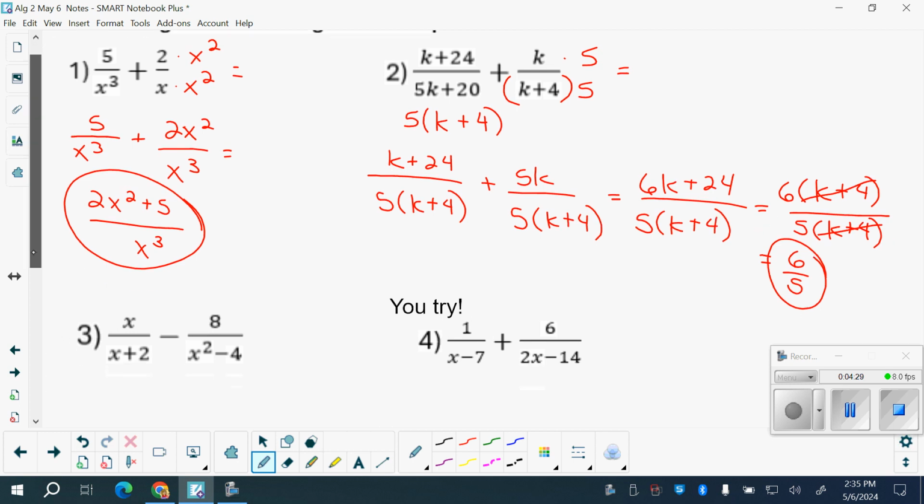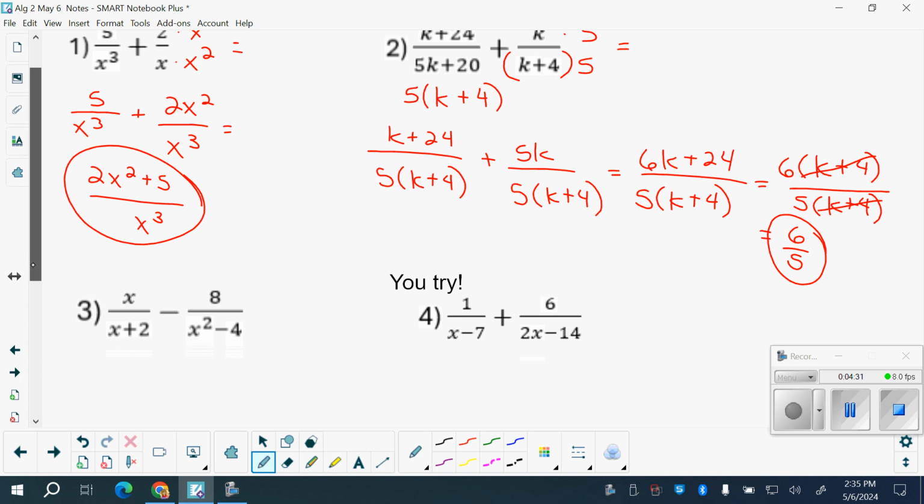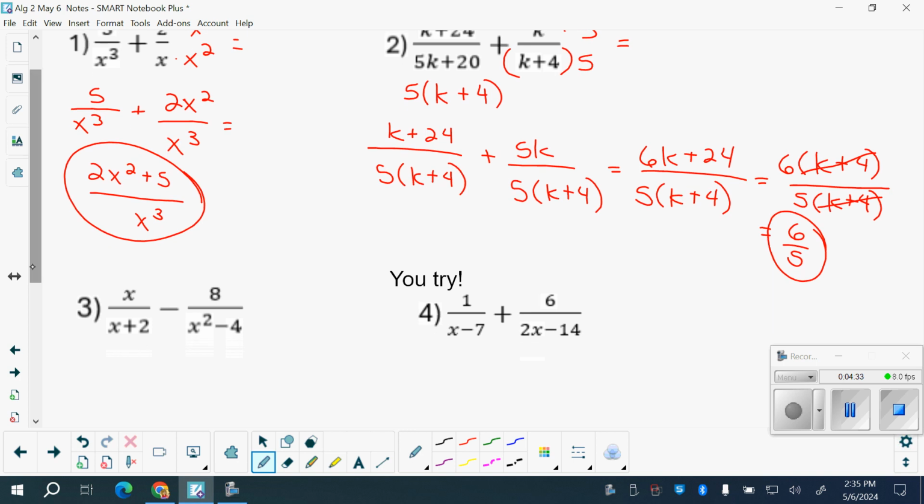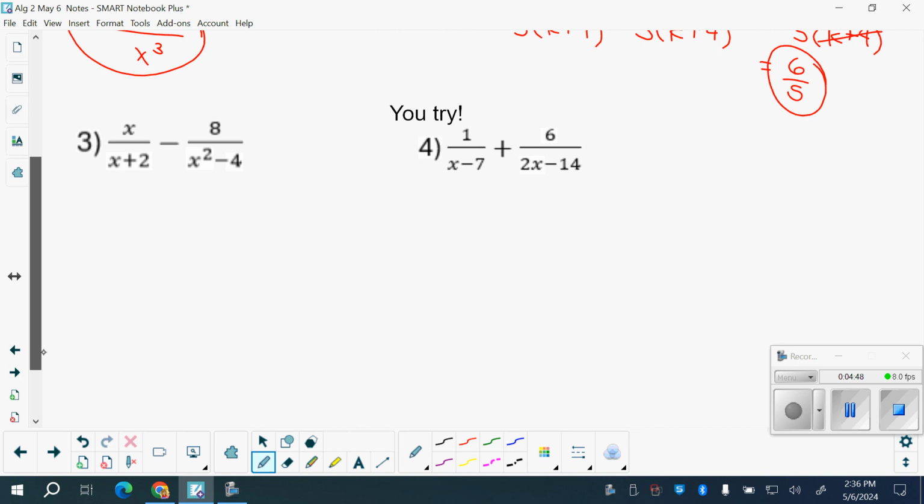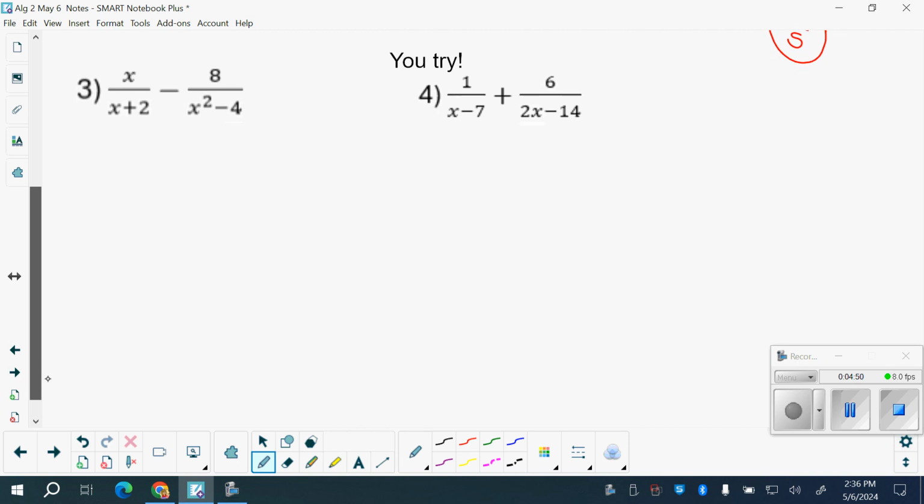Okay, let's go on to number 3. A lot of that factoring is in this unit, and this one today in particular. So we want to factor any denominator here. Does either one of these denominators factor in number 3? Yeah. The x squared minus 4. How does that factor?